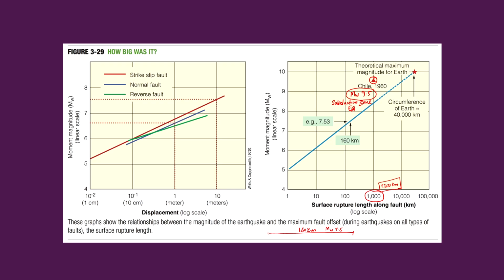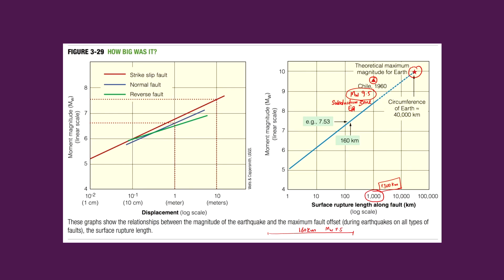And if you expect an earthquake of magnitude 10, theoretically the maximum earthquake, till date, as I said, we have not experienced it, and we pray that we should not.